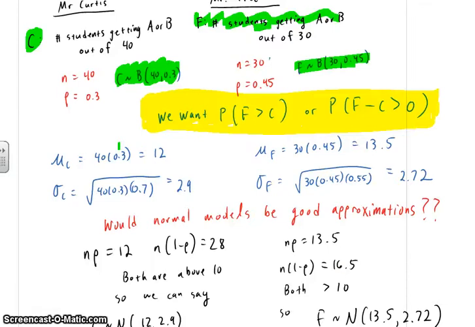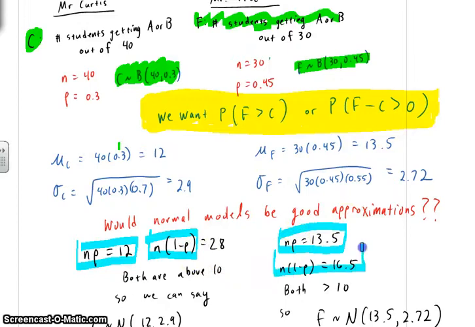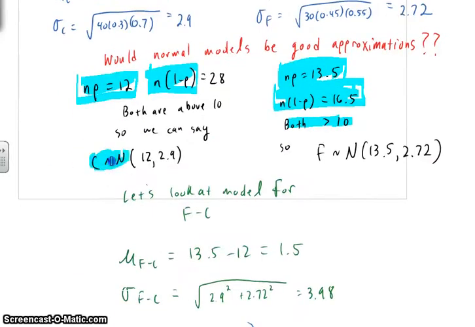We must show that n times p and n times 1 minus p are greater than or equal to 10 for each of the binomial models, to justify a normal approximation. That's something we haven't necessarily talked about too much in class, but it's a really important thing that we have to do. In these cases, n times p and n times 1 minus p are greater than 10, so I can use normal models and be reasonably accurate for the two binomial random variables.